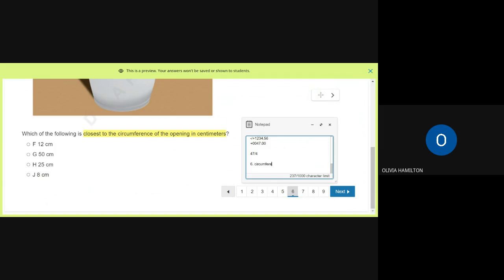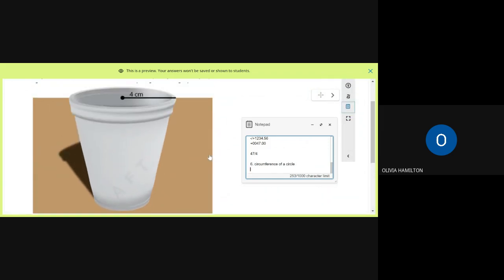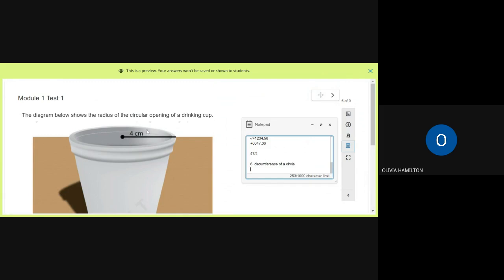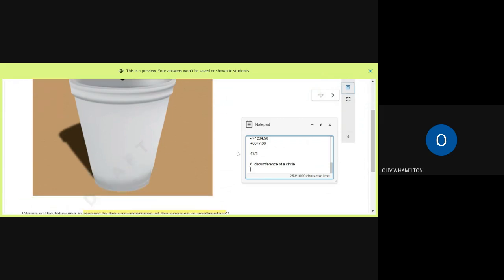Circumference of a circle. But this time, going up here, it tells us 4 centimeters, and it only goes from the center to a point on the circle, which means this is radius.